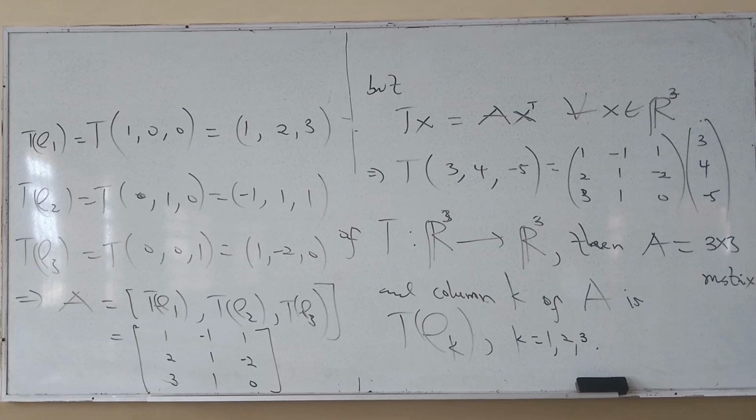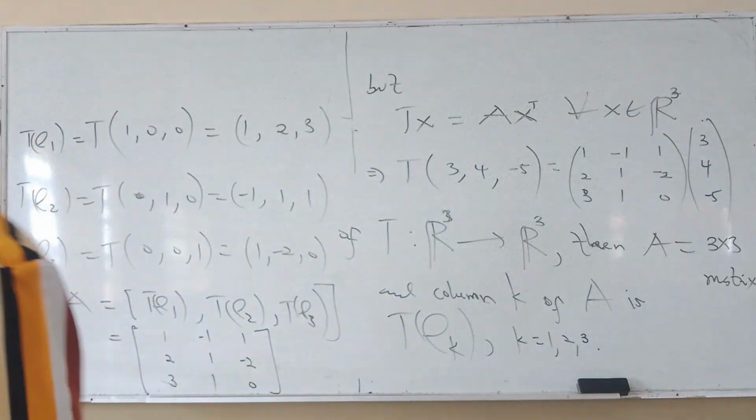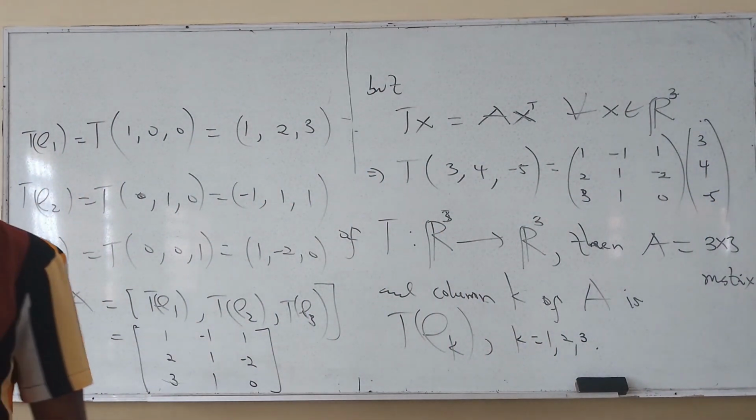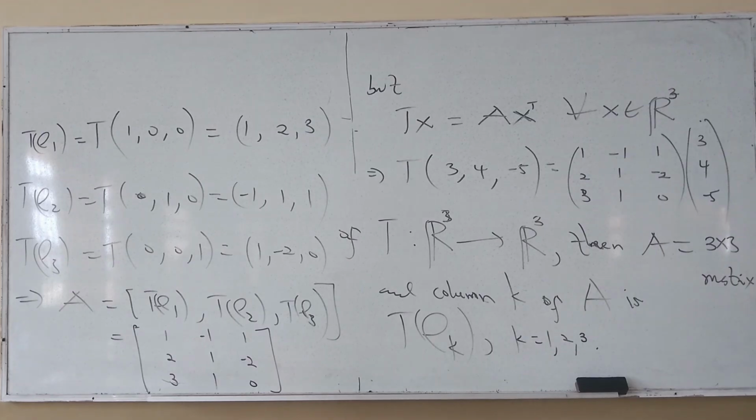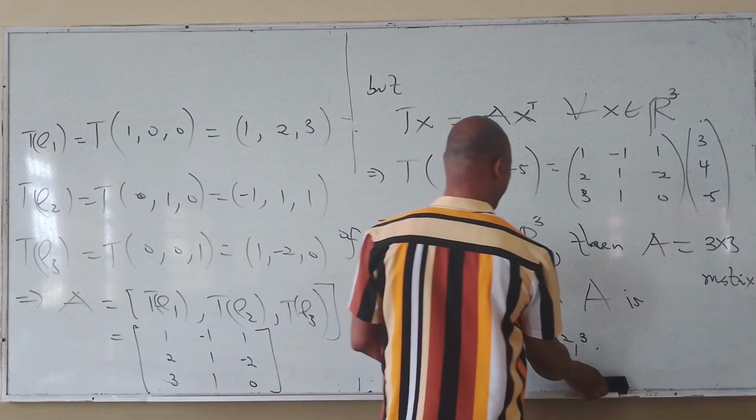There are conditions for you to multiply two matrices. The columns of the first matrix should be equal to the rows of the second matrix. So if we don't do that, it will not work.